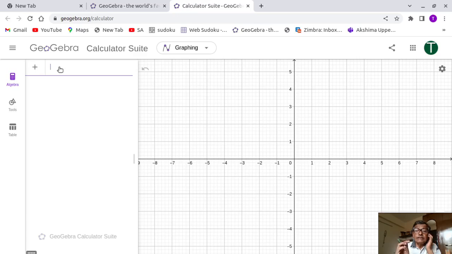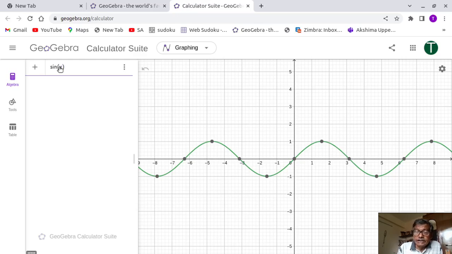Now today first I begin with another interesting function, interesting as well as important, like say I write a function sine of ax divided by x.